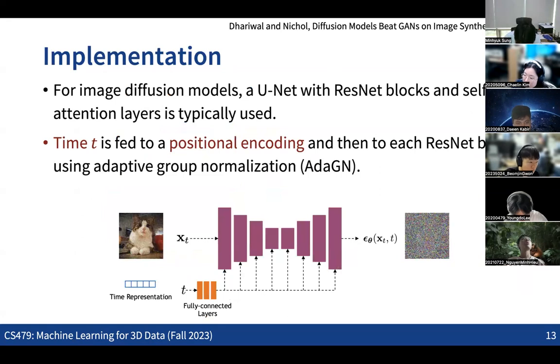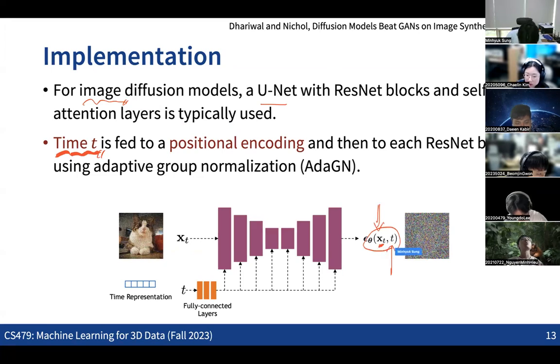Implementation-wise, there are also multiple design choices that we can make, especially for the neural net design. For the image diffusion model, you can use any kind of architecture. But typically, the architecture that people use is the UNet with some ResNet blocks and also some self-attention layers. And then we also feed in the time t information. So this is the noise predictor, taking the perturbed, noisy data here, and also the time step.